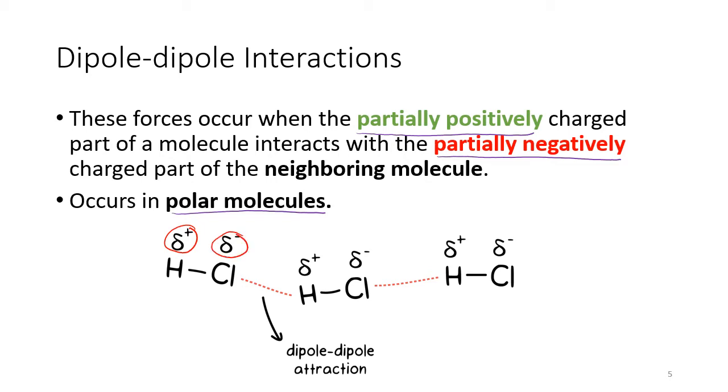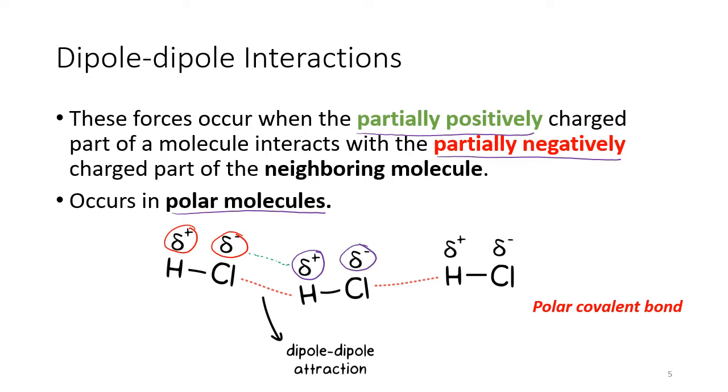If we consider how another molecule of hydrogen chloride is going to want to line up next to our first molecule, the partial positive charge on another hydrogen is going to want to be near the partial negative of chlorine, because opposite charges are going to be favored, whereas like charges are going to repel. So the partial positive on hydrogen will pair up with the partial negative on chlorine, and this will continue.